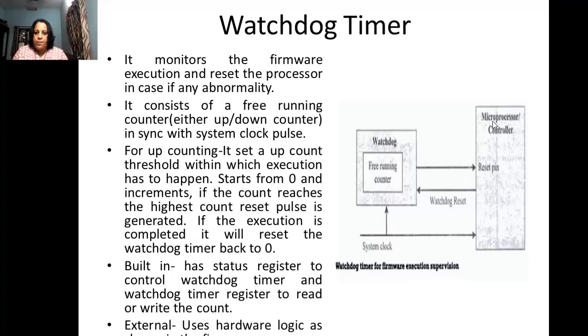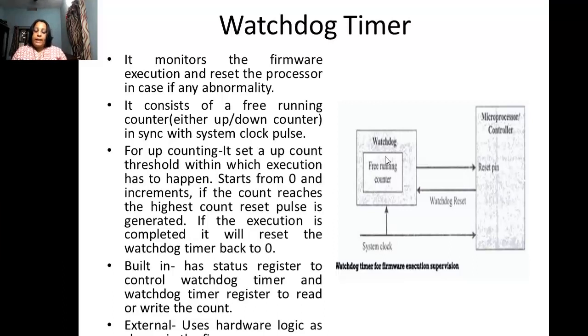So the counter is set at 0 and keeps incrementing until it reaches the highest count, and if the execution is not done within that highest point, it will send a reset signal. Else, if the execution is over, the watchdog reset will be activated, and the counter will start again from 0 for the next execution. That is what happens in the watchdog timer.